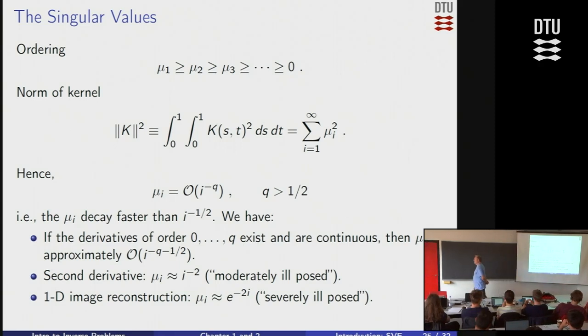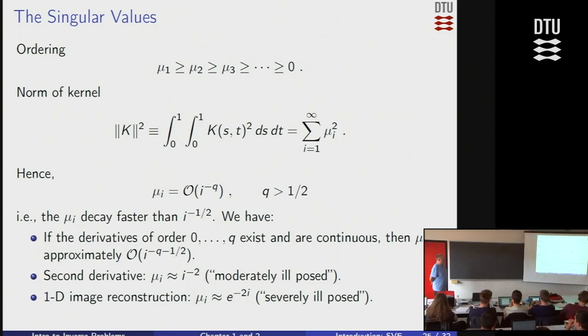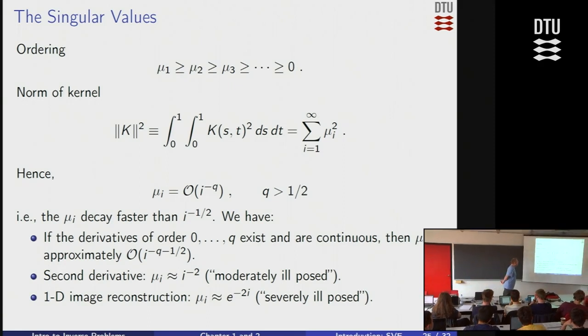Okay. So if the norm is a finite number, that means that the infinite sum of the squared mu's must be meaningful. This sum must converge to something that is not infinite. This must be a finite number. And the only way for that to happen is that the singular values must decay fast enough.